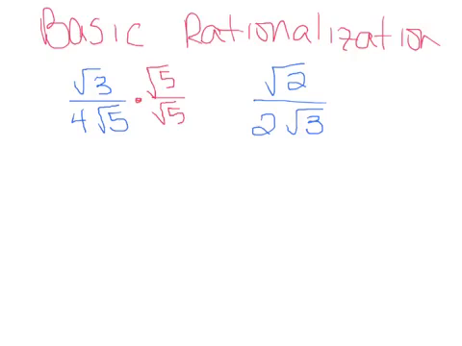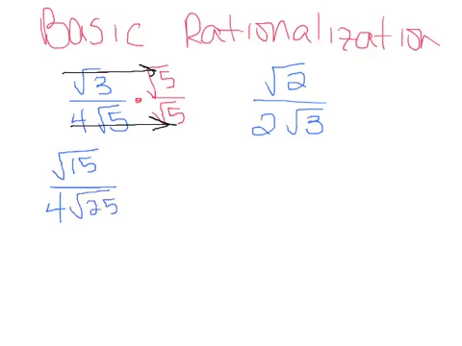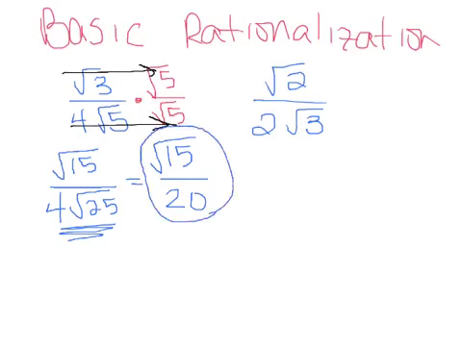And that gives me, if I multiply across the top, across the bottom, square root of 15, which is 3 times 5, over 4 square roots of 25. Simplify. 4 times 5, square root of 25 is 5, times 4 is 20. And I'm done.